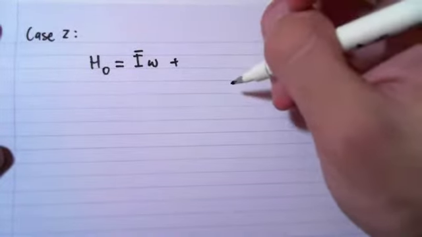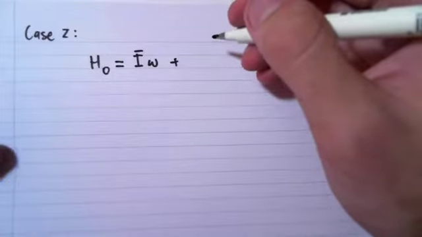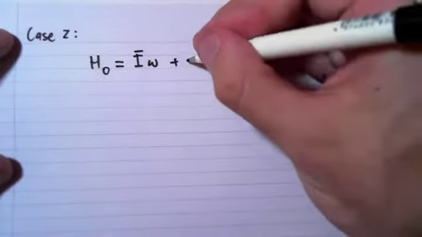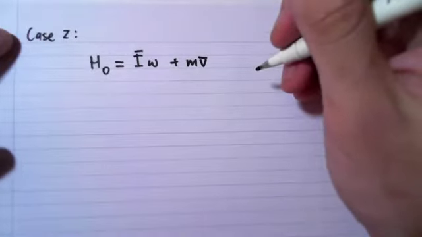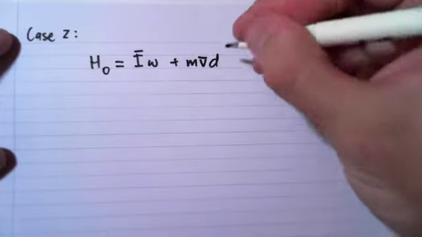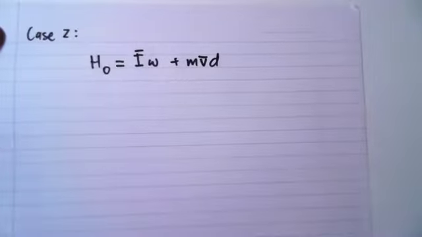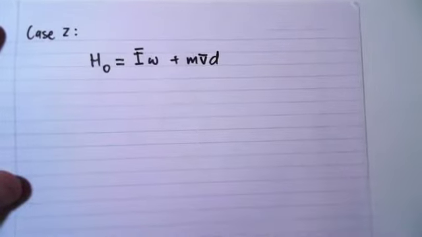But that linear momentum is of the center of mass of the body, so m v bar, where v bar is the velocity at the center of mass, and d is the perpendicular distance from the point O to the center of mass.